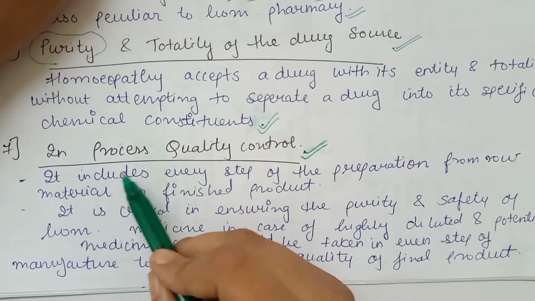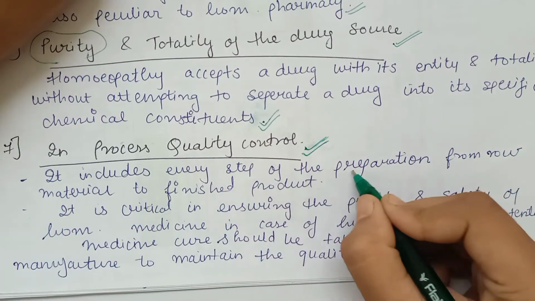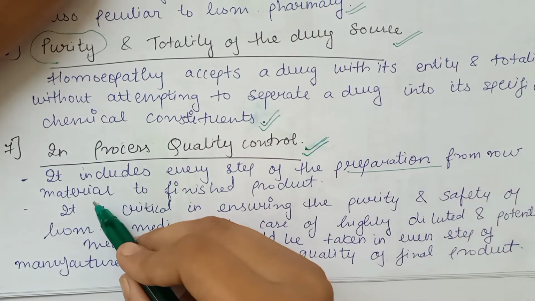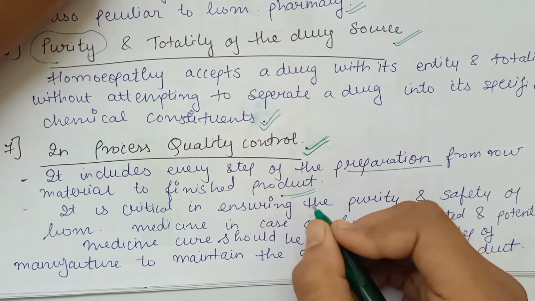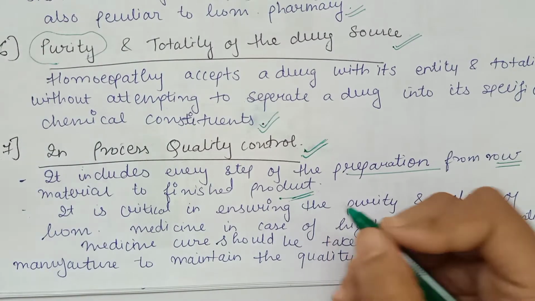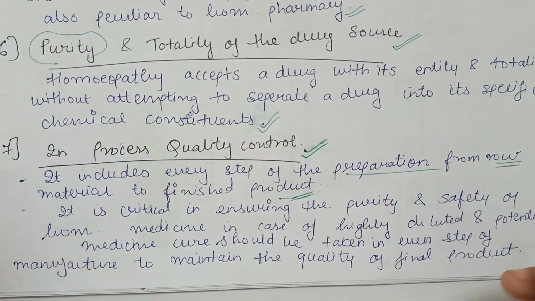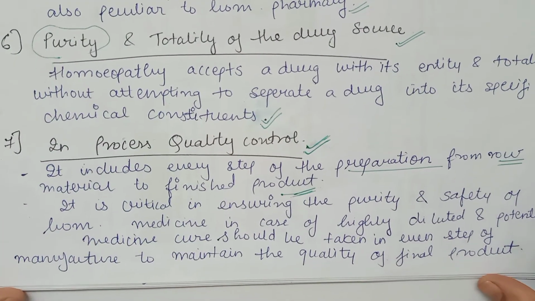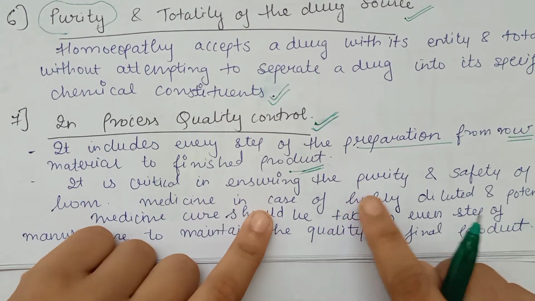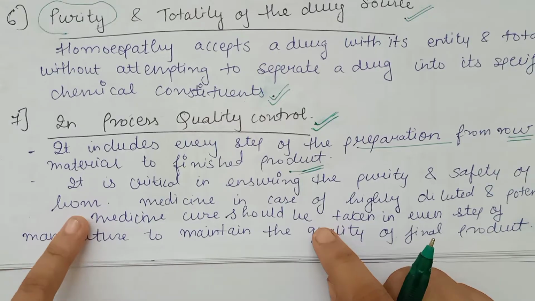But it includes every step from raw material to finished product. From raw material to finished product, we see each and every step of preparation, okay, so that no alterations can take place. It is critical in ensuring the purity and safety of homeopathic medicine.